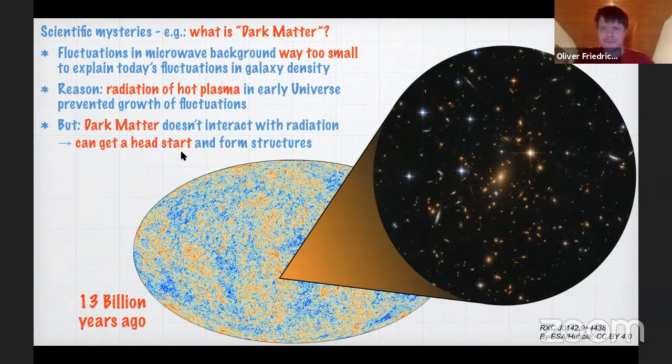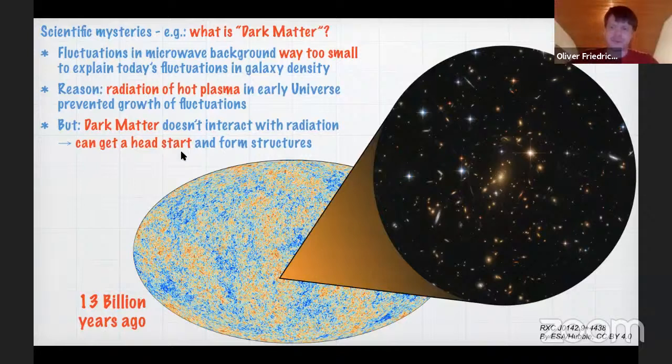But the point is that this only holds for standard matter, so matter that is comprised of protons and electrons, because it's these kinds of particles, since they have electric charge, that couple to the radiation in the plasma and also take part in the pressure of the plasma.